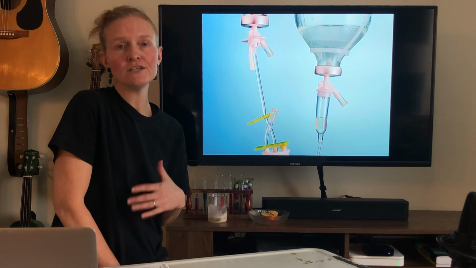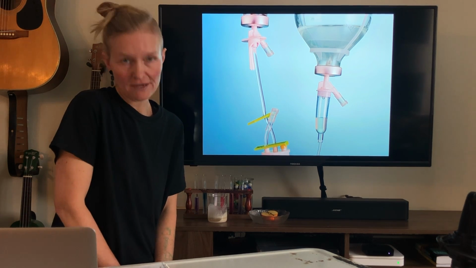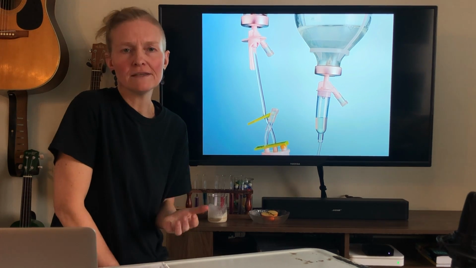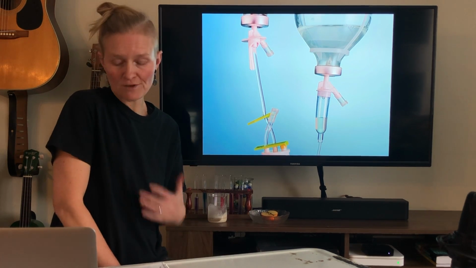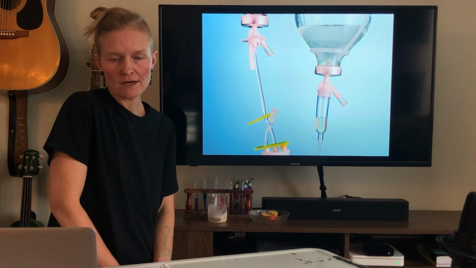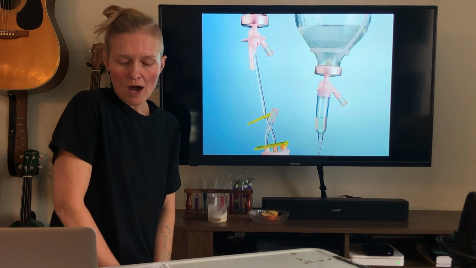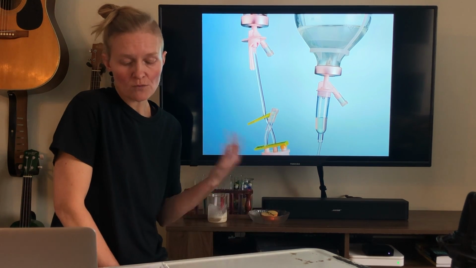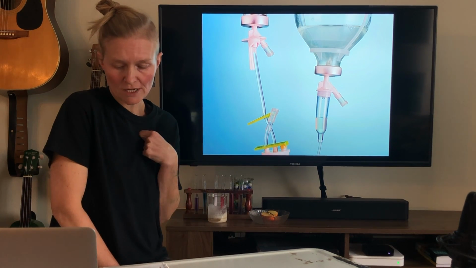And this solution is used to replace electrolytes in the patient or to feed them. It's giving them energy. To someone who might be very sick or who might come into the hospital dehydrated, for example, they need that extra hydration. And one of the ways they do this is by hooking them up by IV to a glucose solution.